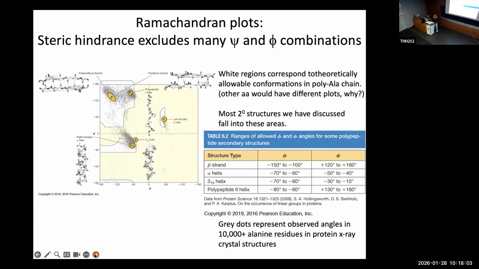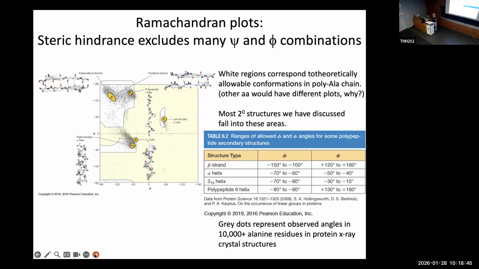So I'll explain what's going on in this graph. Each axis is the full 360-degree range of rotation of the phi and psi angles, and each point in here would be a coordinate of two of those. So these are all the possible angles. He developed a computer program that would model the combinations, using a polyalanine chain, just a chain of alanines, and asked what the allowable angles are.